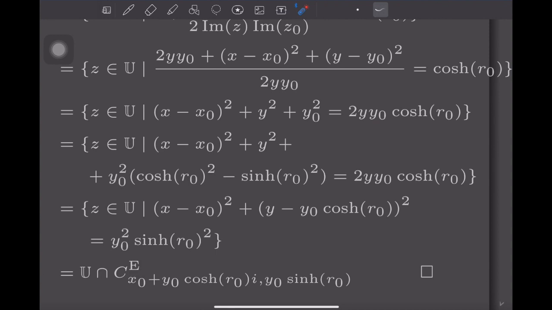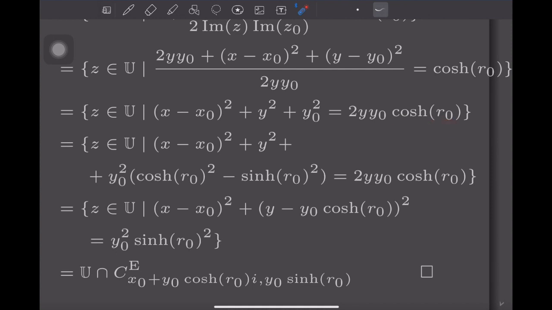But there's this hyperbolic cosine of r naught. If I move it here, I have y squared, which contributes this part, and I have y naught squared, which would contribute this part, but then I would be missing this cosine of r naught. So I want cosine of r naught squared to appear.